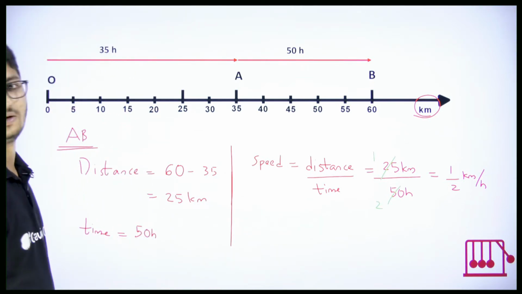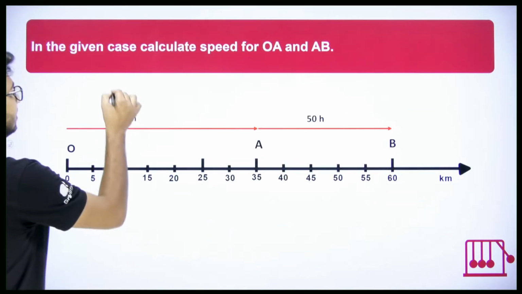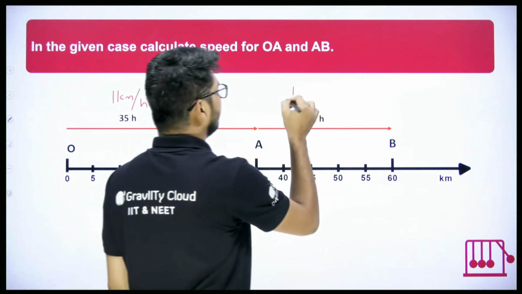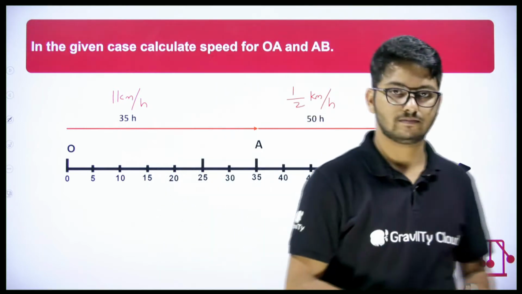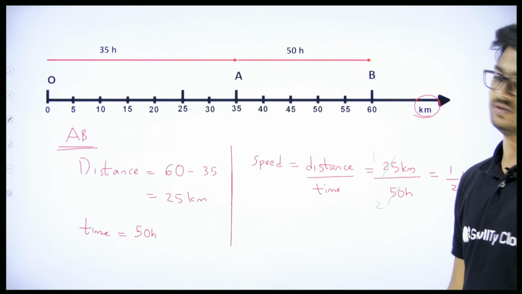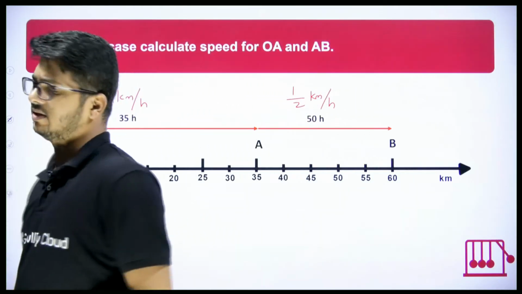Understood? Good. So, for OA, we got the speed as 1 kilometer per hour, and for AB, we got the speed as half kilometer per hour. Clear? No issues there? That's good. Now look at this here again, same 1 kilometer per hour and this.